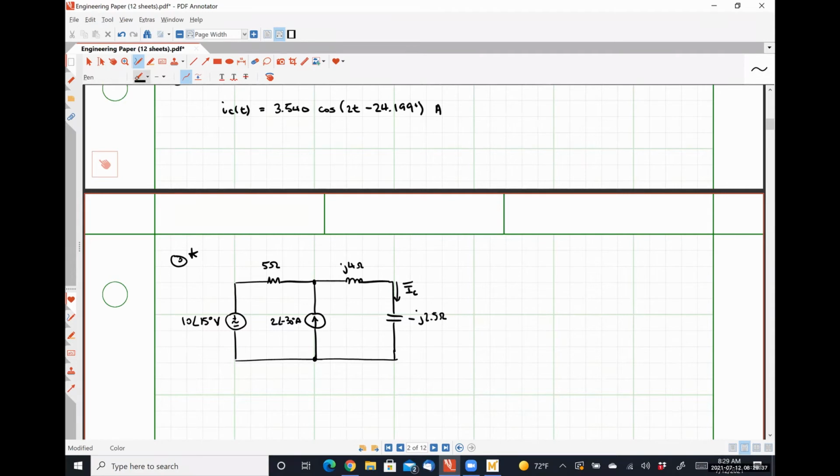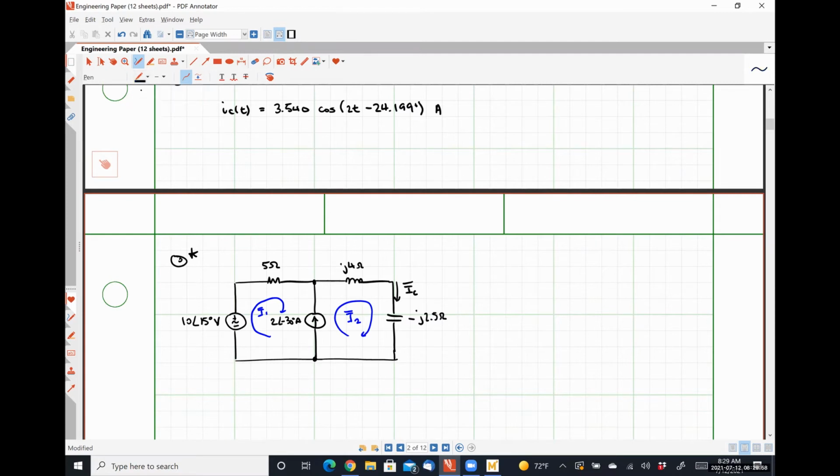So using mesh means I need to identify my mesh currents. So I'm going to have a mesh current here, which I'm going to call I1. And I'll have a mesh current around this guy, which I will call I2.